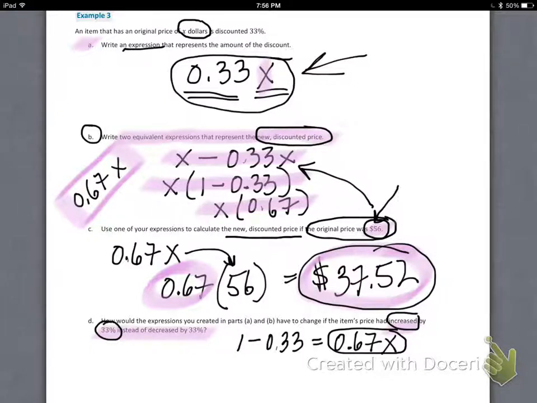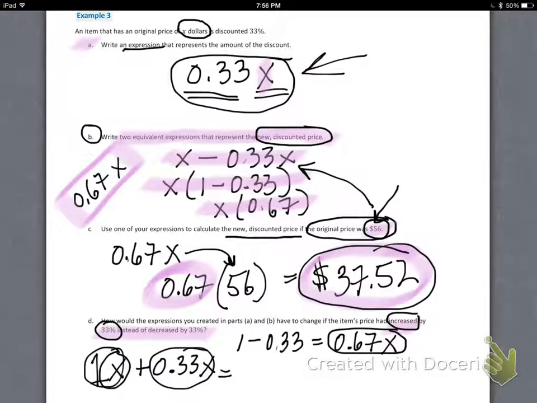So if we took that x and then we added 0.33x, you can see now, like we had talked about earlier in part 1 of this lesson, that you would add like expressions. Now, x is equivalent to 1x. We always assume if you have an x sitting there by itself, it's 1x. So we add 1x to 0.33x, and that's going to equal 1.33x.